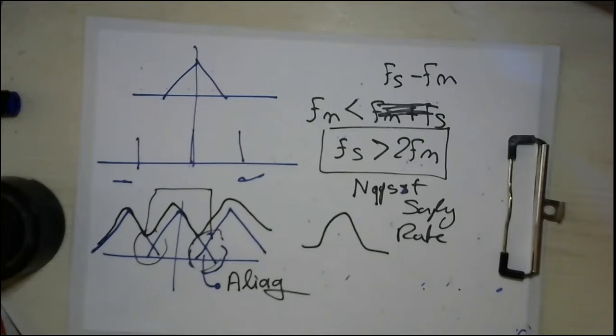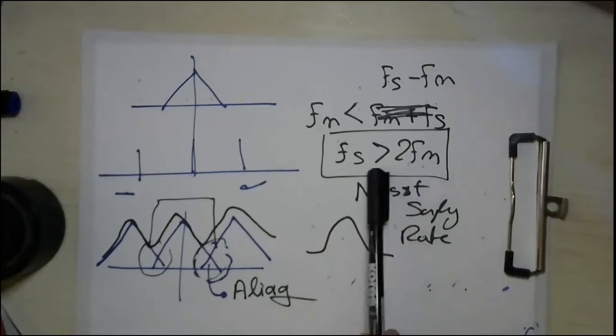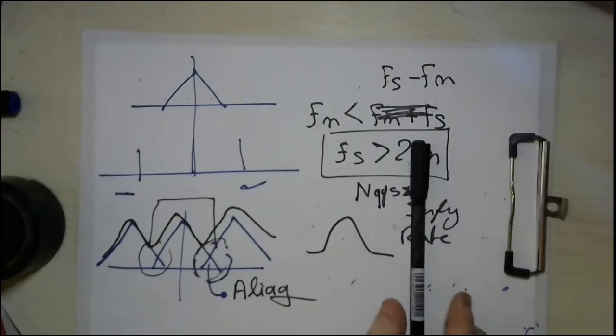So, for example, if you are modulating my voice, and my voice extends up to 5 kilohertz, a trivial example, then in order to sample my voice, you need 10 times 10 to the power 3 samples per second to digitalize it.